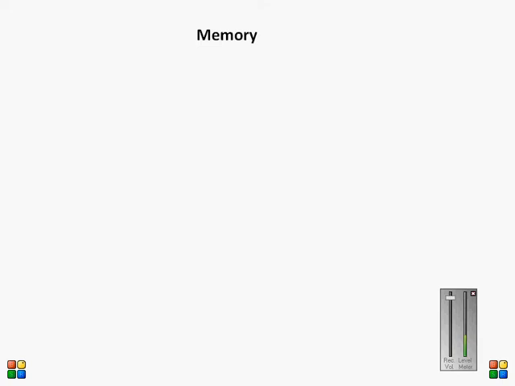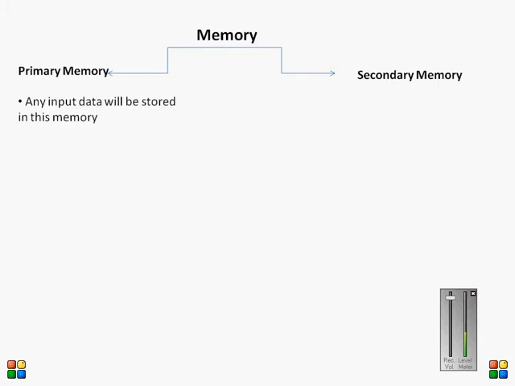Basically, memory is defined as to store any data. Memory is categorized into two types. One is the primary memory and the other one is secondary memory. Any input value which we give is stored in this memory. Say we give some input to any program through keyboard.